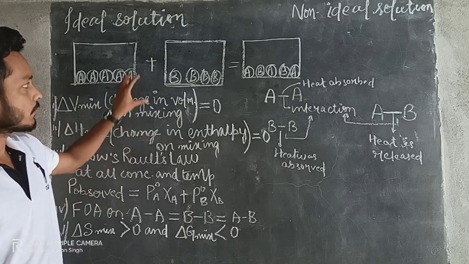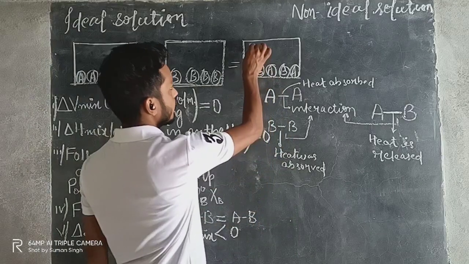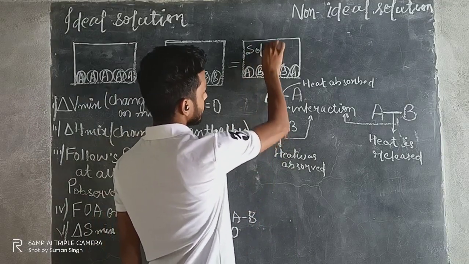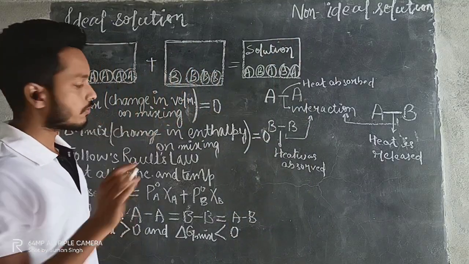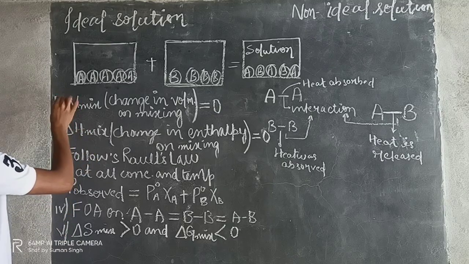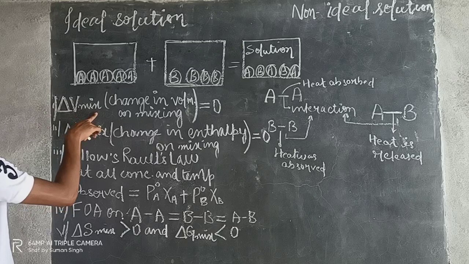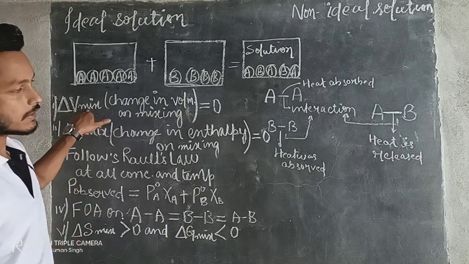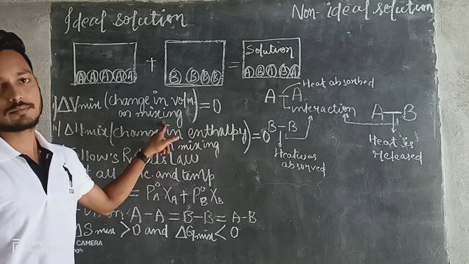Now the first thing: when will we call this solution an ideal solution? The first condition is delta V mixing, okay, and delta V mixing is what? Change in volume on mixing.